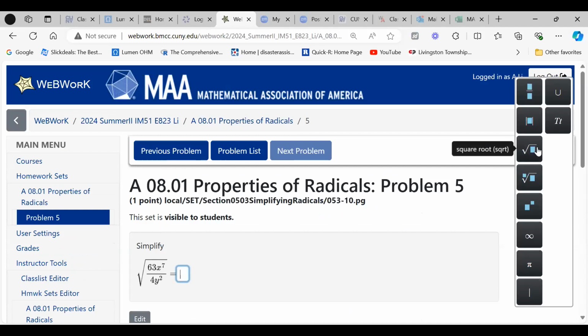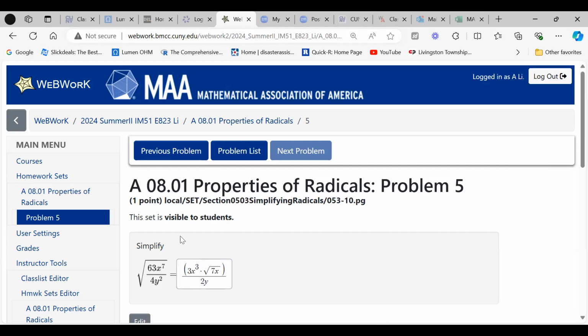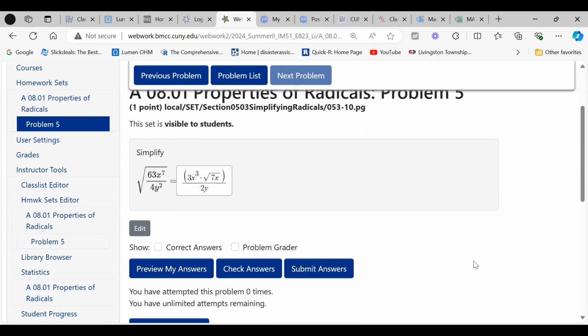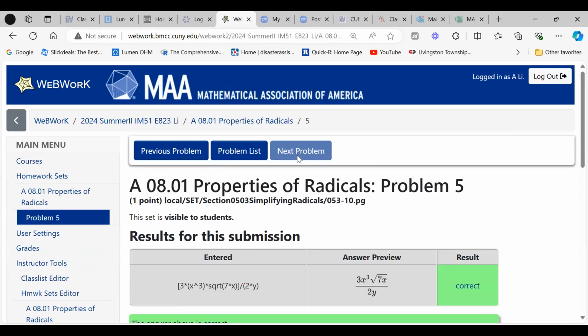So it'll be 3x to the third minus square root of 7x. And put this in the divide. Okay. So put the whole thing in the parentheses and divide by 2y. Yeah, so that should do it. Submit the answer. It's the correct answer.